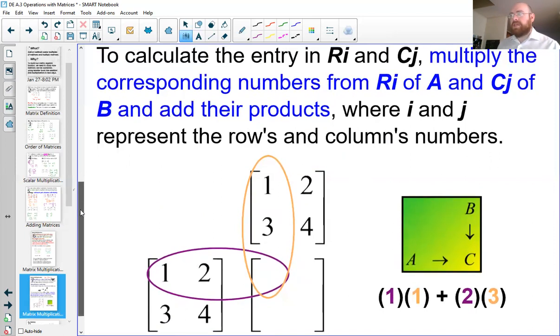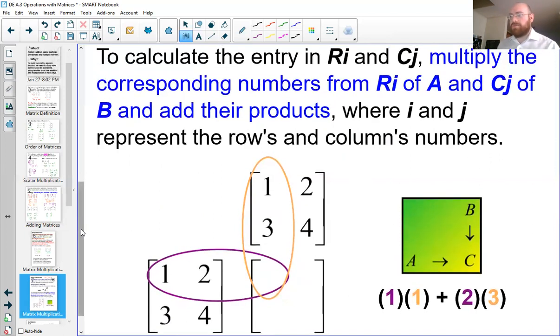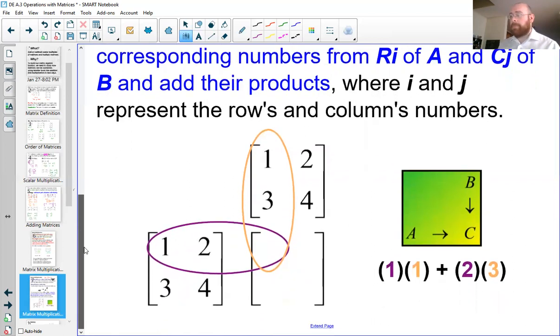Again, sometimes words are more cumbersome than pictures. So if we want to find the number in the top left of our matrix, and we have the square matrix 1, 2, 3, 4 times 1, 2, 3, 4.